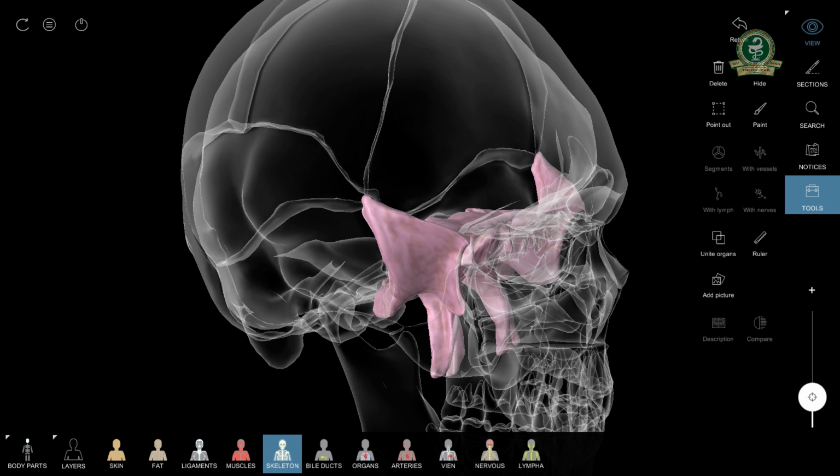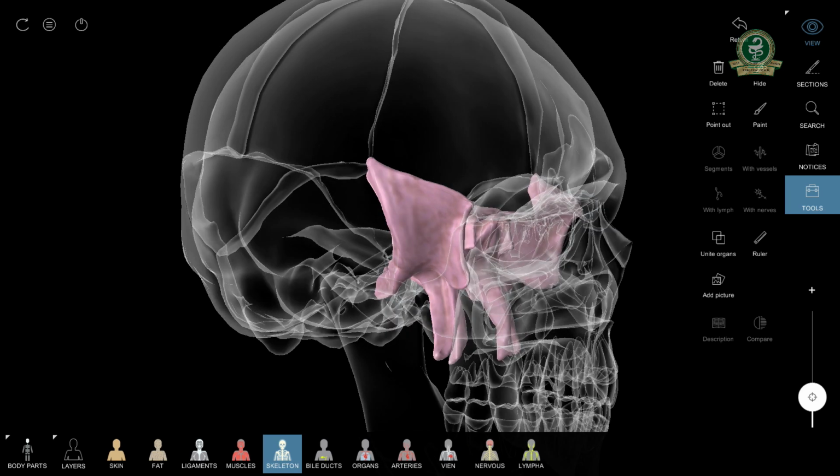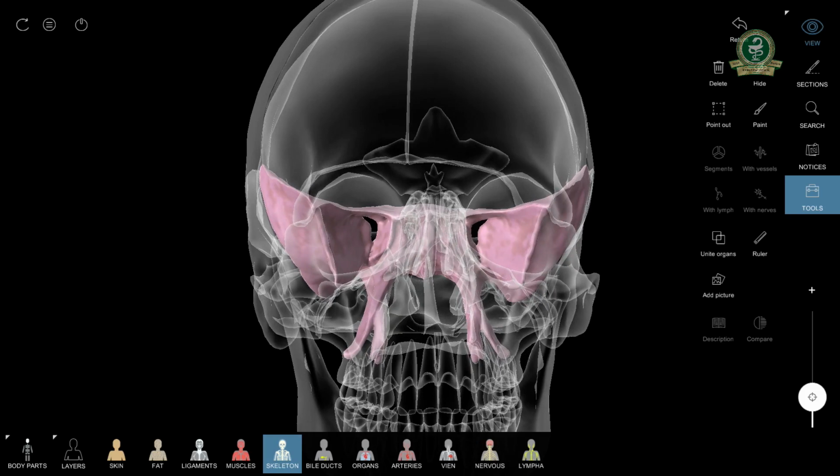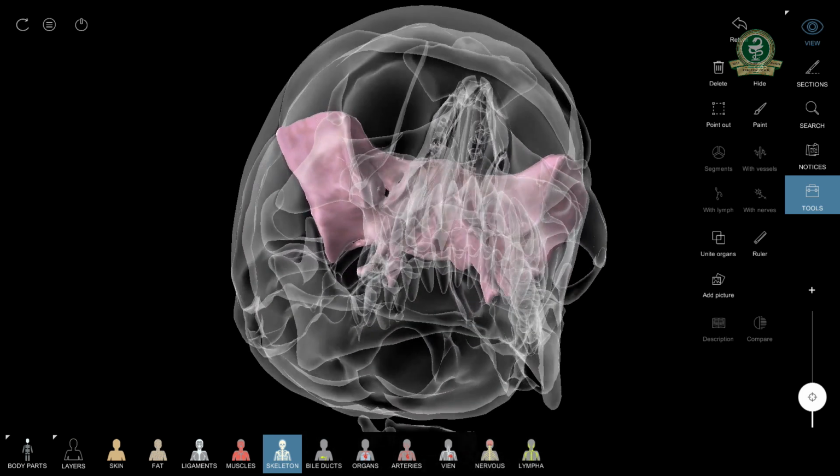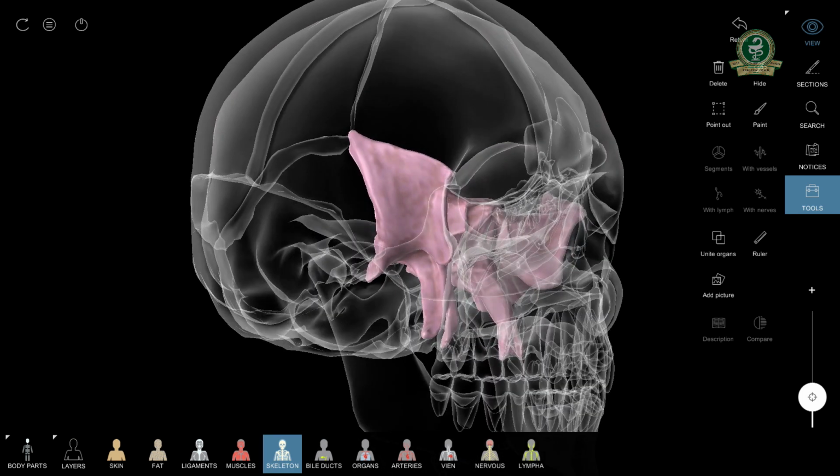Here is the nose, and it's a little bit posterior to the nasal cavity, and it forms part of the floor, side walls and rear wall of the orbits. You can see the orbits here, and it forms the rear wall of the orbit. The shape of the sphenoid resembles a bat. If you look at it like this, it looks like a bat.